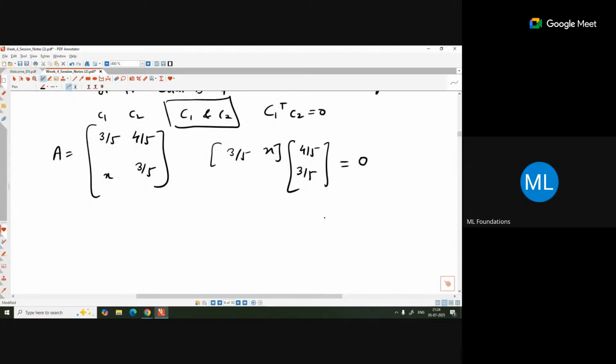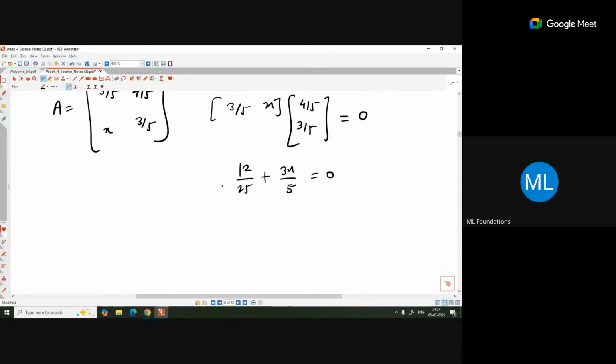So let's calculate. It is 12 by 25 plus 3x by 5 equals 0. Or I can say 12 by 25 equals minus 3x by 5. This 5 will be here, 4 will be here. So x will be minus 4 by 5.